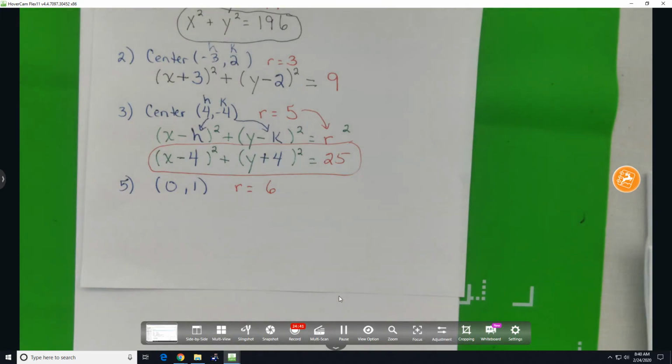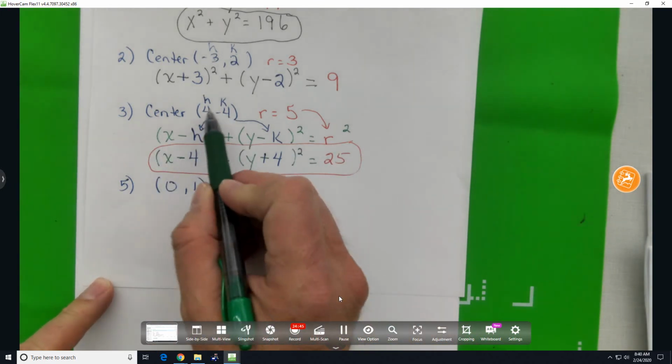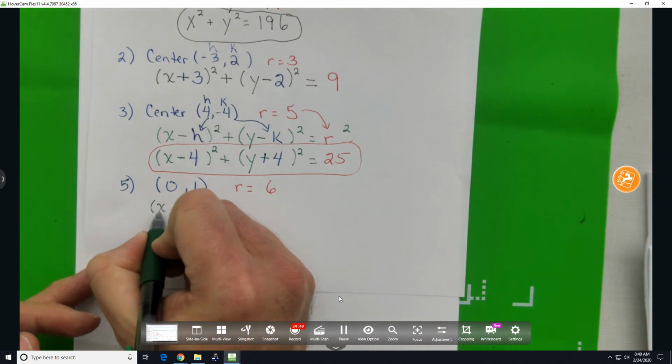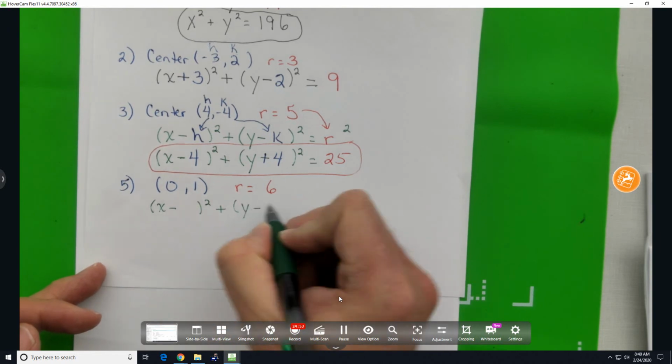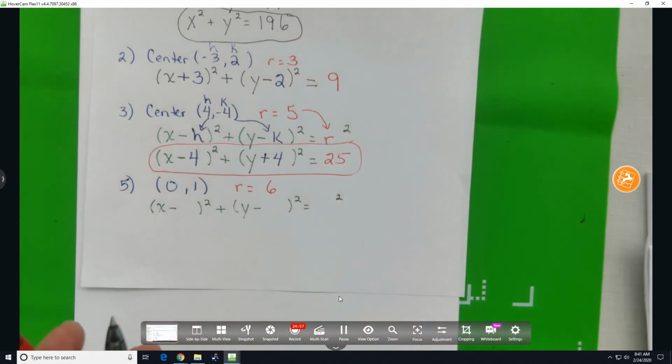Let me go ahead. I'm going to do what I did over here. I like to write the equation and then draw the arrows. So it'd be x minus h squared plus y minus k squared equals r squared.